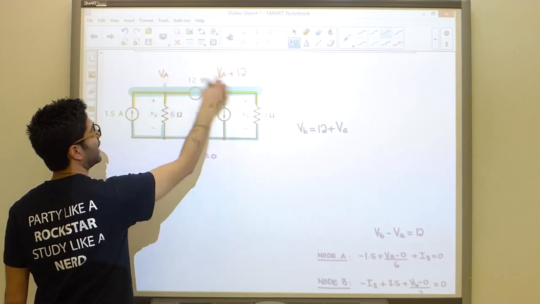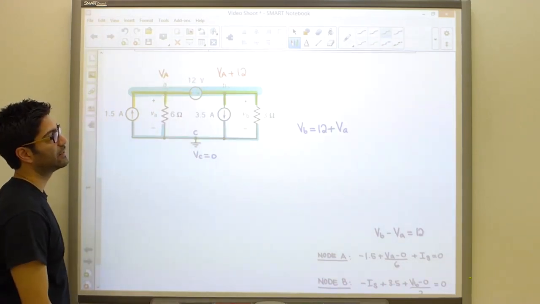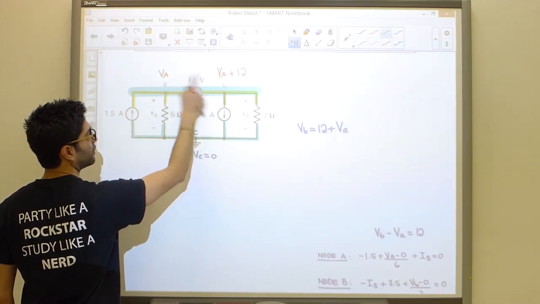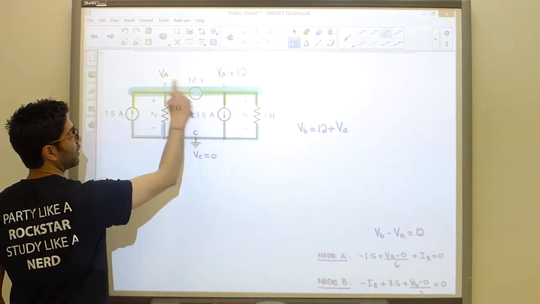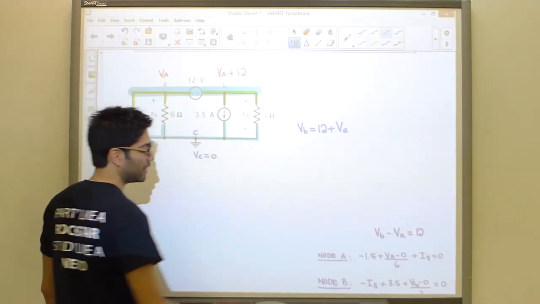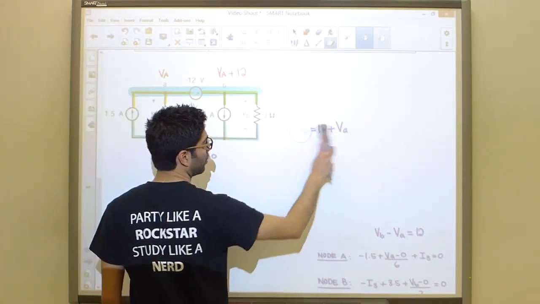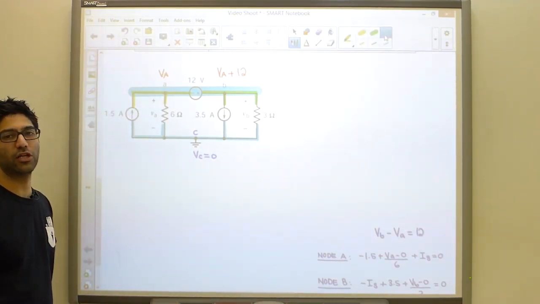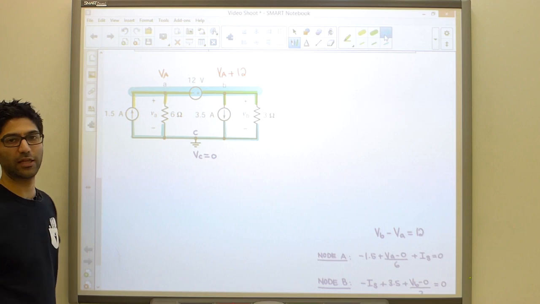And if we just write this node like that, using the relationship between VA and VB on either side, we know VB is 12 more than that, and I'm stating that. Then we can get the job done. Instead of having 3 equations and 3 unknowns, guys, watch what will happen. We'll have one equation and we'll get VA and VB just like that.